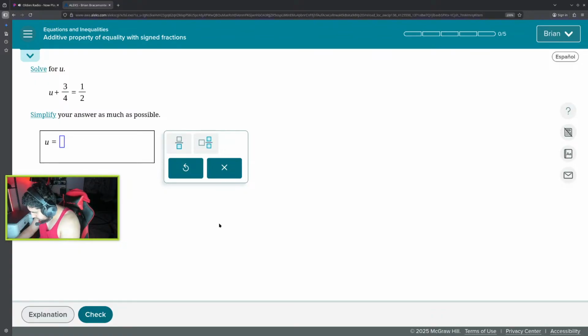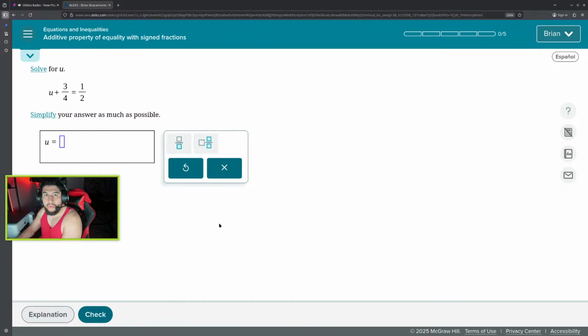The greatest common factor, I get greatest common factor and least common multiple mixed up, but the common denominator is 4 right here. So we're going to convert. I'm just going to delete it so it could be cleaner. So 4.